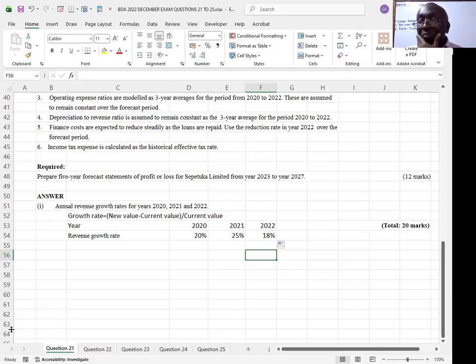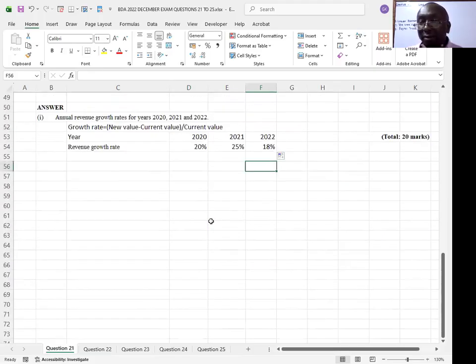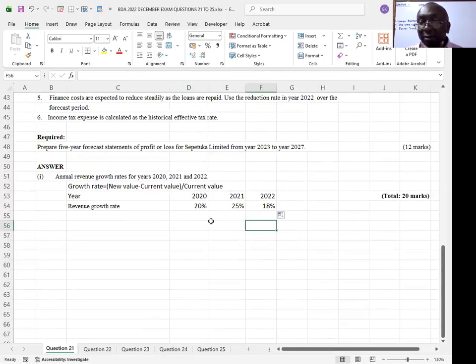Mwalimu, I have a question. Yes. In the formula, we said you divide by the current value. Yes. And this one we have divided by 2019. Are we supposed to divide by 2019 or 2020 because we are calculating the growth rate for 2020?